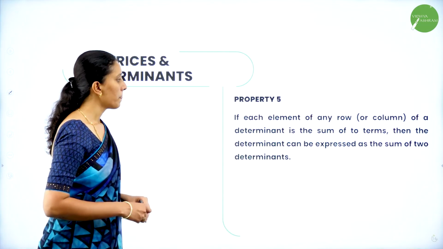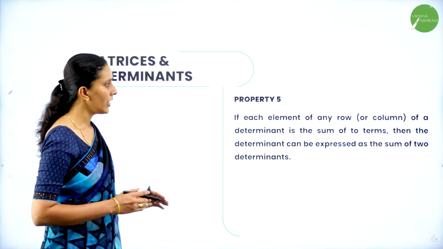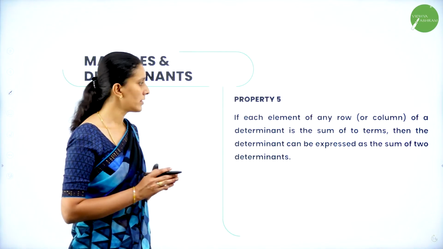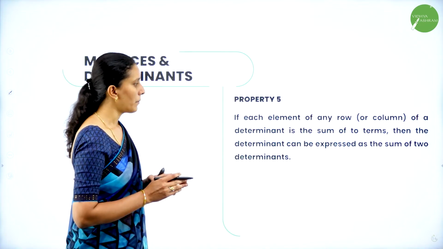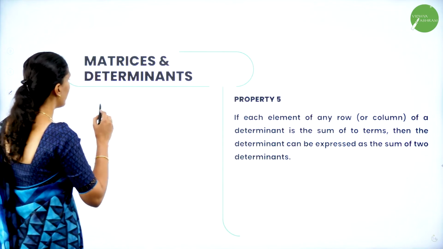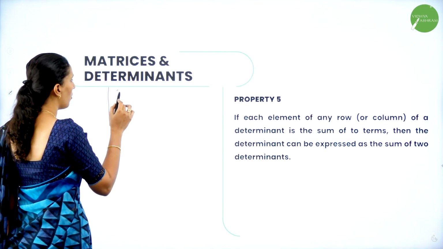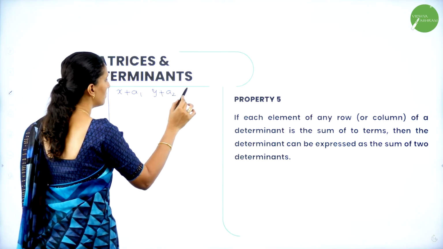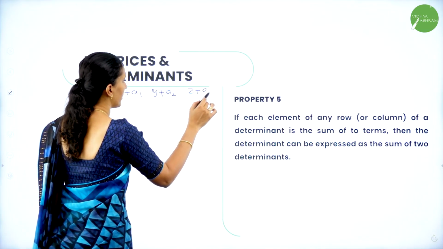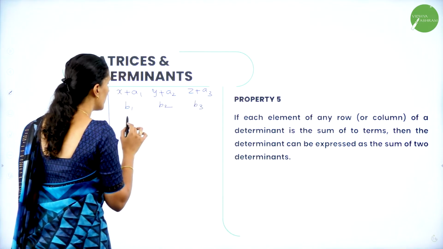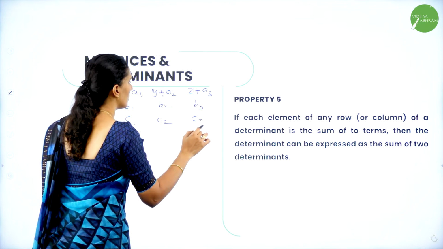Next property: if each element of any row or any column of the determinant is the sum of two terms, then the determinant can be expressed as the sum of two determinants. Suppose we have a determinant in the form x plus a1, y plus a2, z plus a3, then b1, b2, b3, c1, c2, c3.